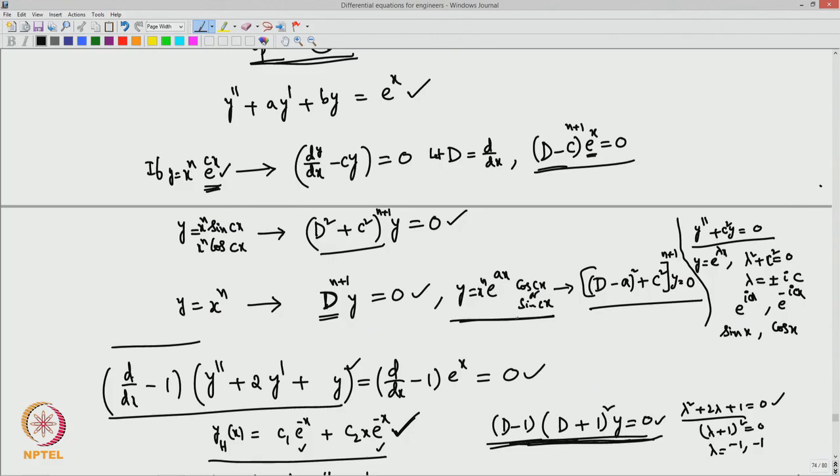Whatever combination you give, you can find what your annihilator is. You apply this on both sides and make the right hand side 0. That will give you the form for the particular solution that you can substitute into the equation to get the unknown constants. So that is actually the crux of the method of undetermined coefficients.